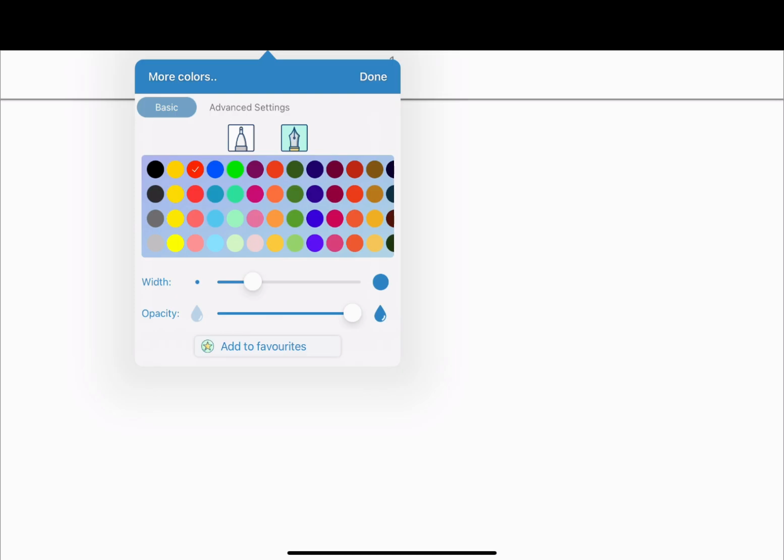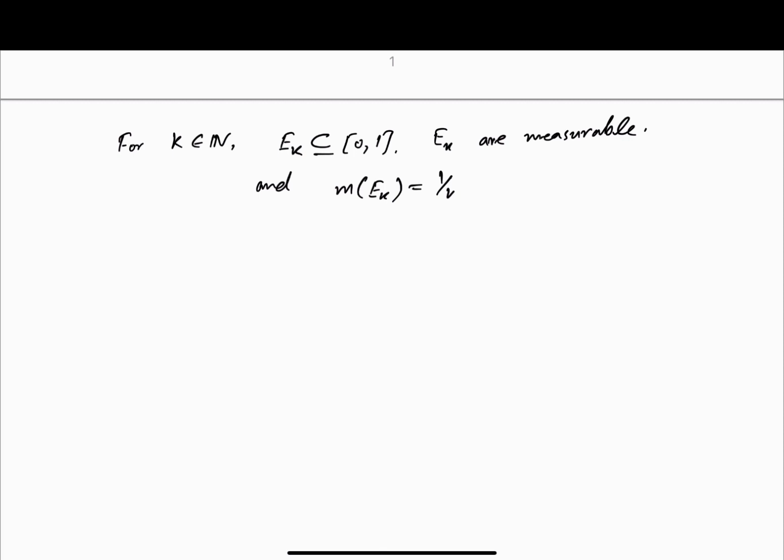So what is first given: for k belongs to natural numbers, Ek are the Lebesgue measurable subsets of [0,1], Ek are measurable, and the measure of Ek is 1 by k square, right?